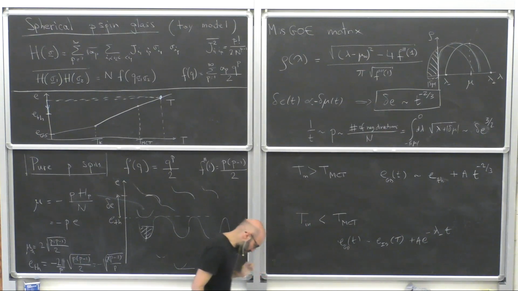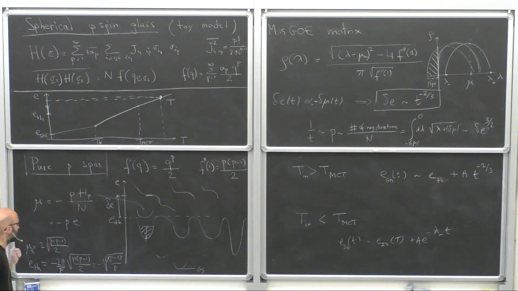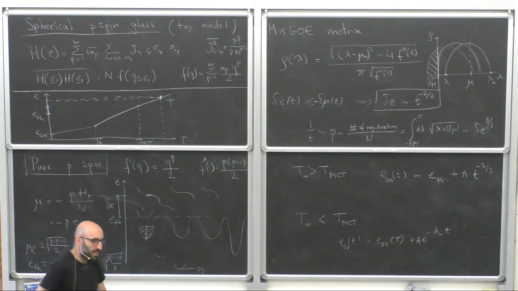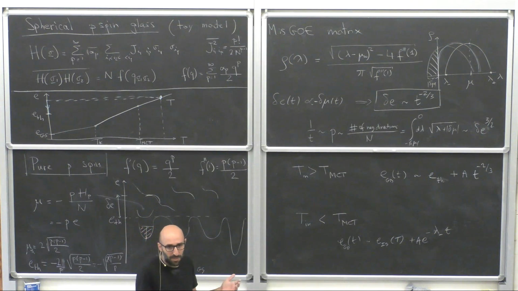What did I want to say? There was one last thing I wanted to say before we stop, but I forgot it. What happens with this energy? It dissipates in the environment, or where does it go? Yes, you can think like that. But it's zero temperature dynamics. So you should imagine that you have a system that is coupled to a zero temperature bath that is sucking all the energy.